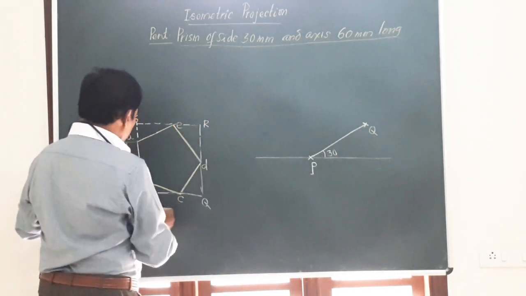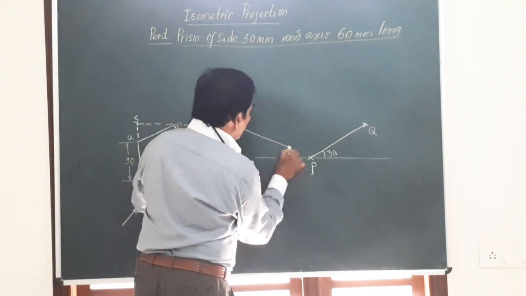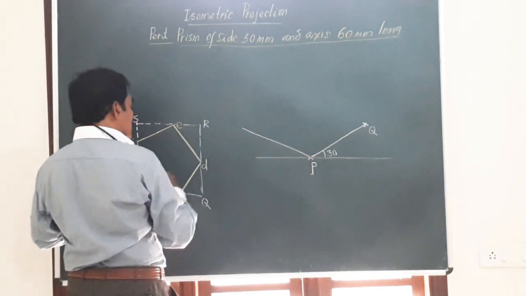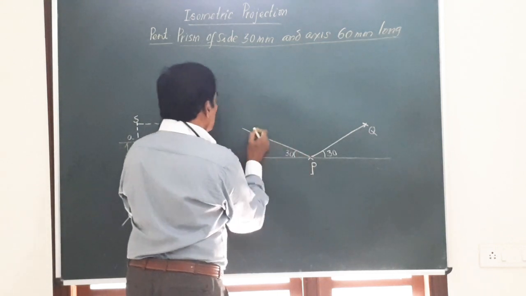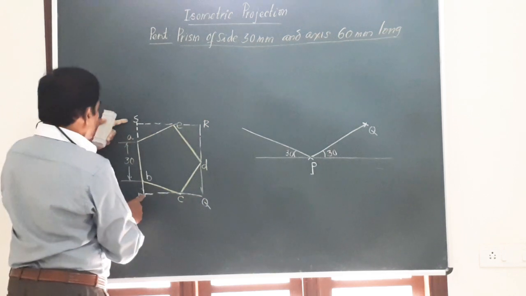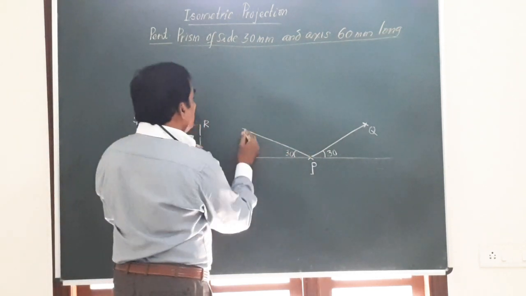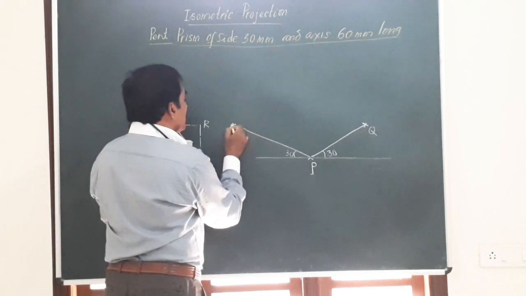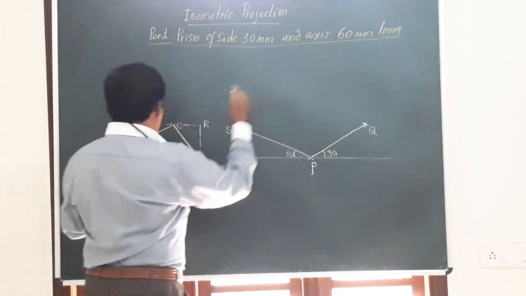Then again to the left of that I am going to mark PS on a line at an angle of 30 degrees to the horizontal, and I will call this distance. Suppose we are getting 100 here, 100 into 0.815 is going to be the measurement here. So I will mark this as S. So we have got PQ, R I should get.